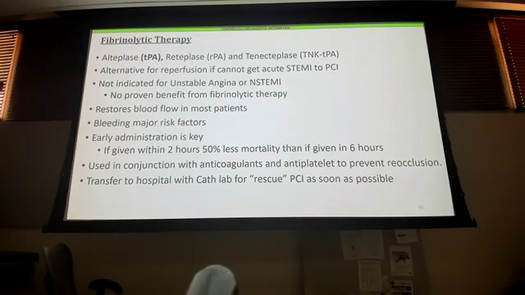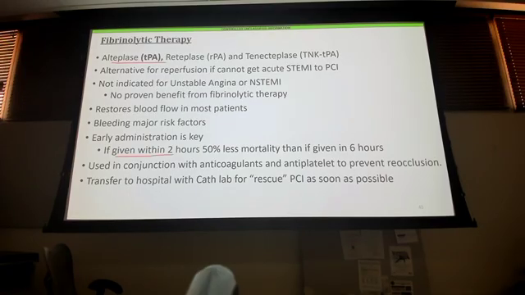But you're going to give TPA or alteplase to those patients to get rid of that clot, to restore that perfusion there. And it's important to give it early, because if I can give this within 2 hours of symptom onset, they have a 50% less mortality than if I were to wait 6 hours. Okay, so 50% higher chance of surviving if you give TPA within 2 hours.